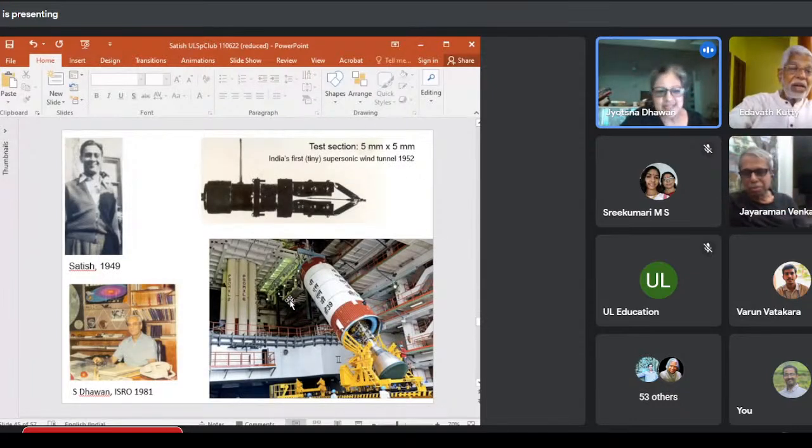I also very much doubt that this young man, Satish, who was working on the shop floor in HAL, could imagine that he would become a scientist after whom a very vibrant indigenous civilian space program would be named.